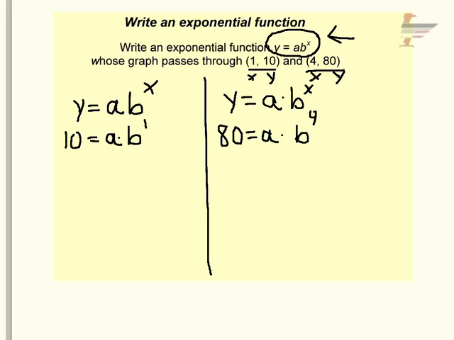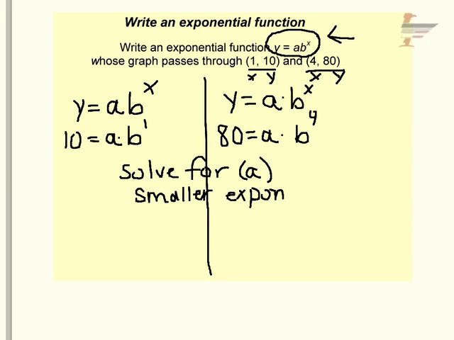So I would recommend solving one of these for the a variable. And it doesn't necessarily matter which one. Again, my recommendation would be to solve for a on the equation that has the smaller power, or exponent, I guess, for b.